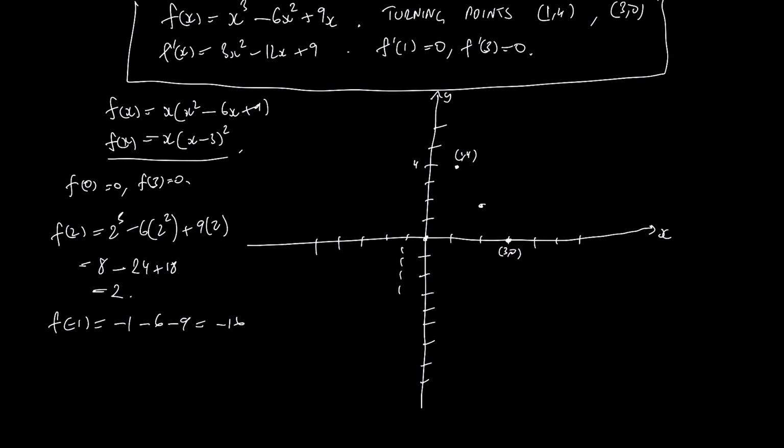So we're all the way down here. And let's have a look at f(4). We end up with 4 cubed minus 6 times 16 plus 9 times 4, which is 64 minus 96 plus 36, which is 4.